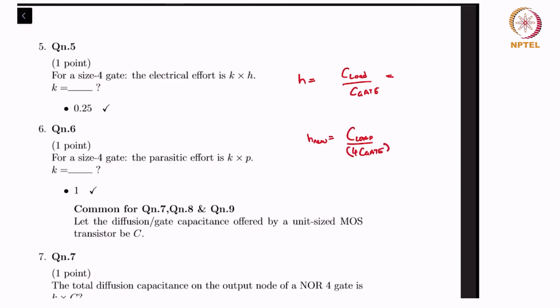If you've now made it 4 times. So that's just 1 by 4 times C load by C gate, which is H by 4. So it's 0.25 H. K is 0.25.